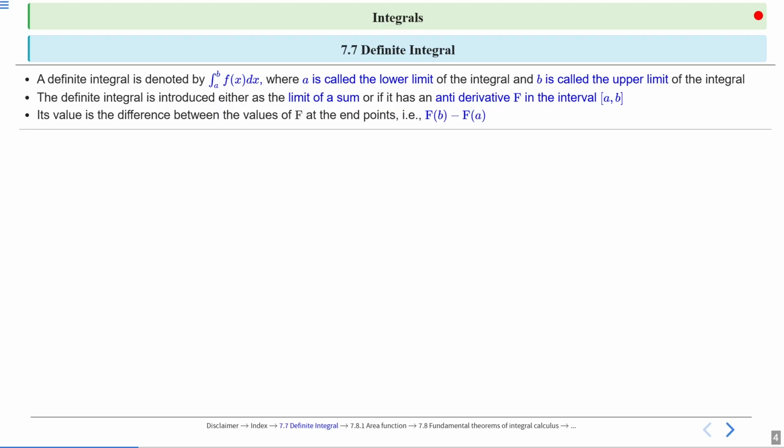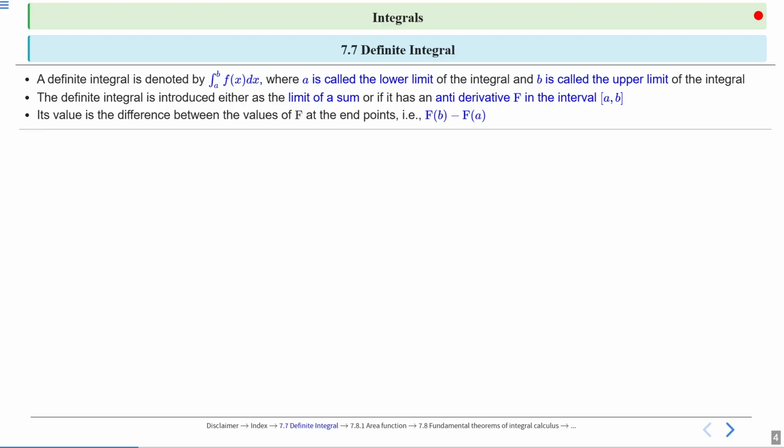When we integrate a function from a limit, a lower limit, to an upper limit, the first one is called lower limit, that is a. When we integrate a function f(x) from one limit to another limit, it's called definite integral. So here we integrate f(x) from a to b. So a is called the lower limit and b is called the upper limit.